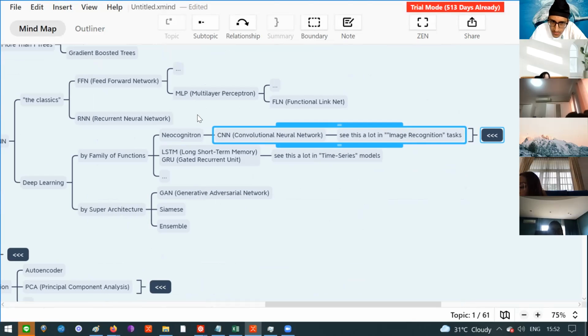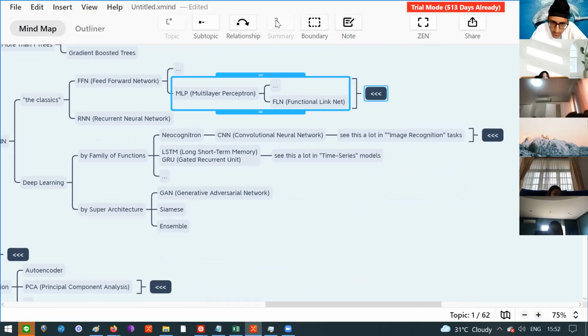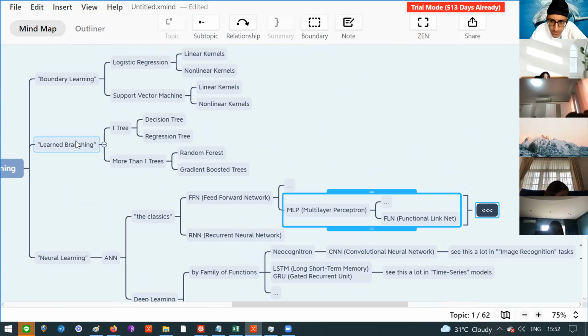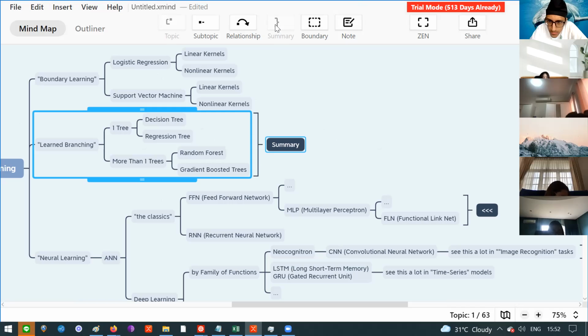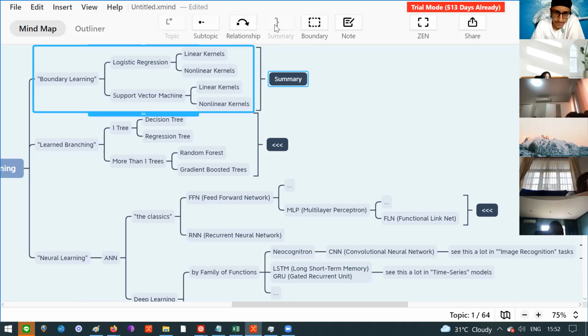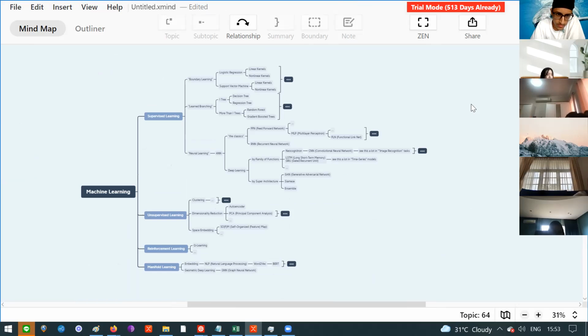Definitely this guy, do. All this you can do. This one maybe, if you like. Okay, so that's it. That's the machine learning.